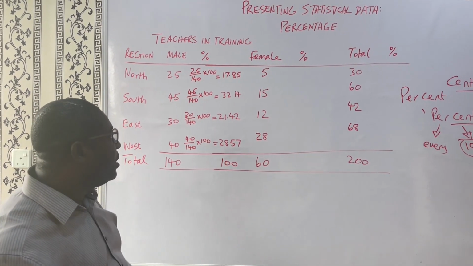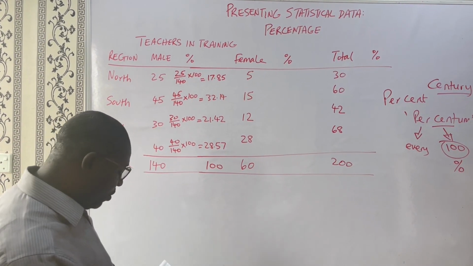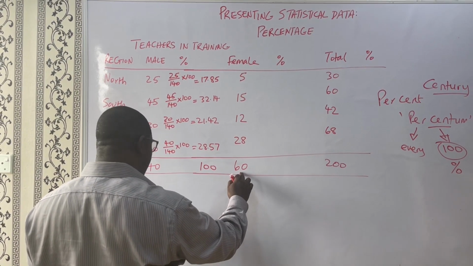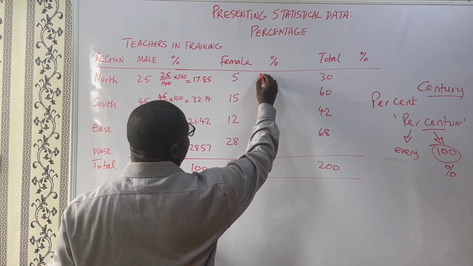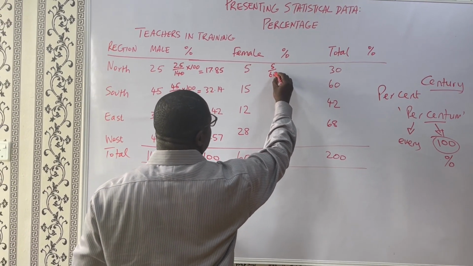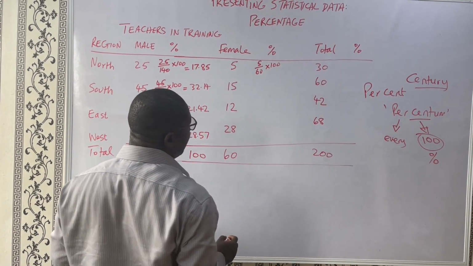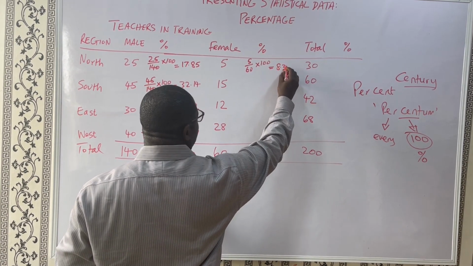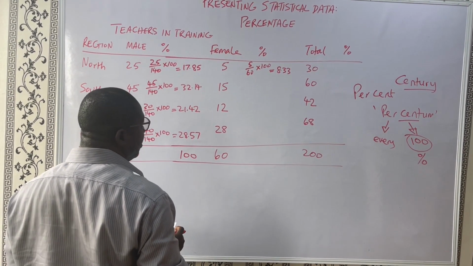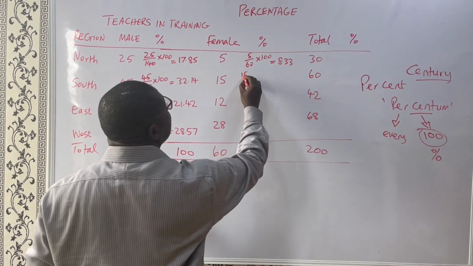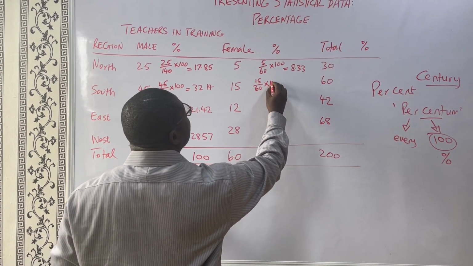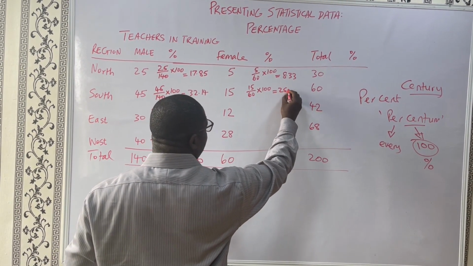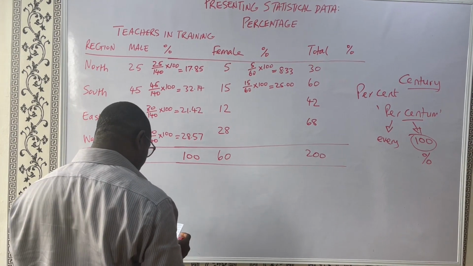Let's go on to look at the percentage for female. For female, we're going to have 5 divided by 60, so we have 5 over 60 times 100%, and that will give us 8.33%. The next one is 15 divided by 60 times 100. That will give us 25.00.